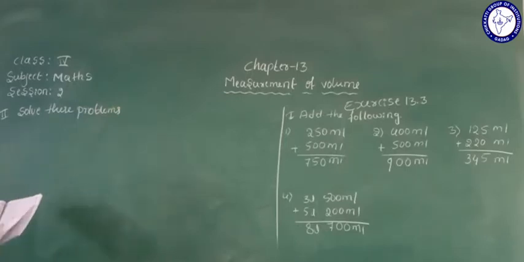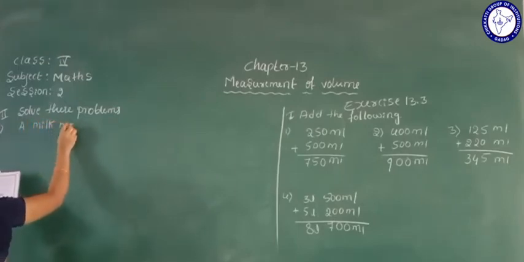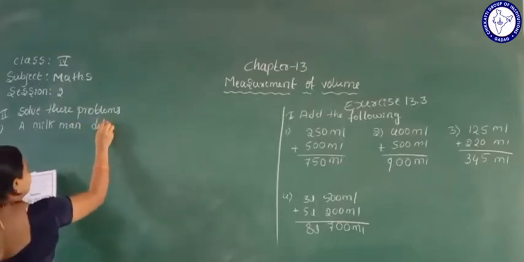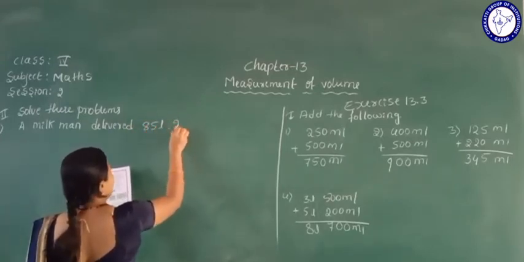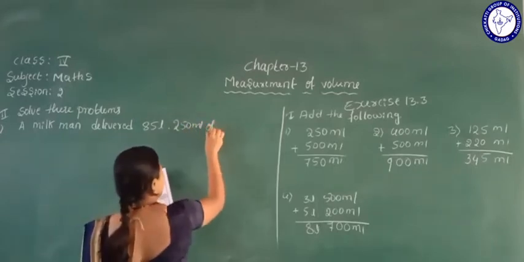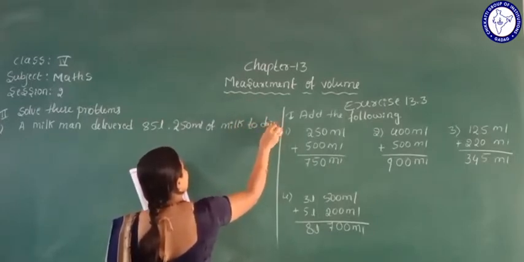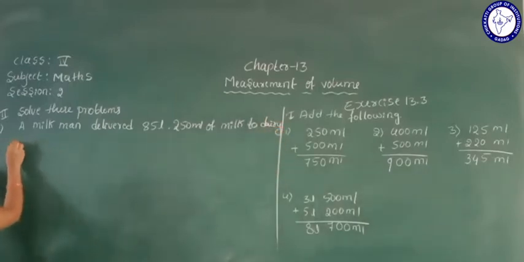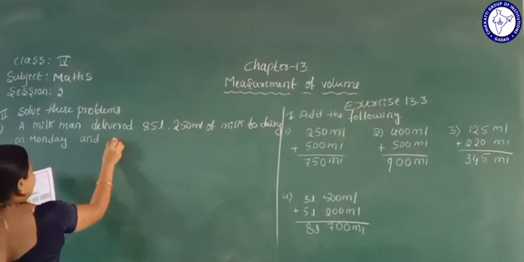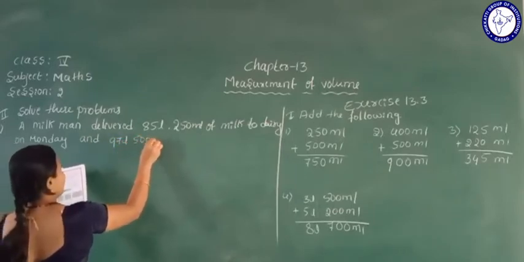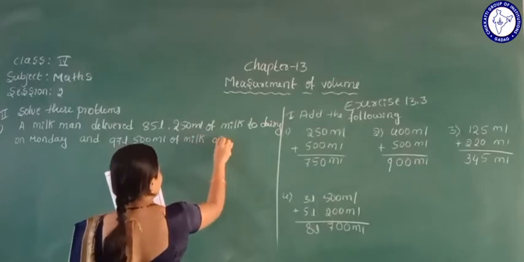First one: a milkman delivered 85 liter 250 ml of milk to a dairy on Monday and 97 liter 500 ml of milk on Tuesday.